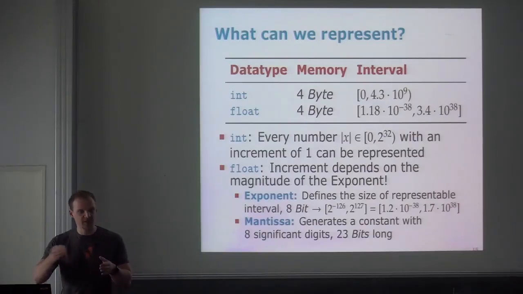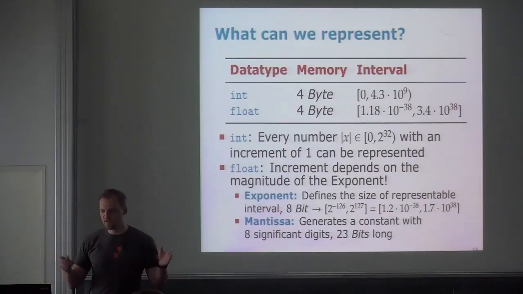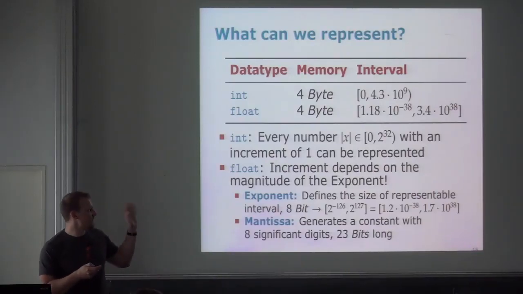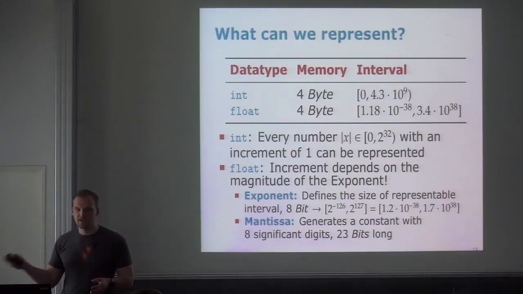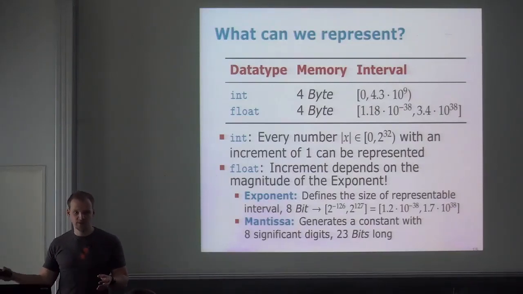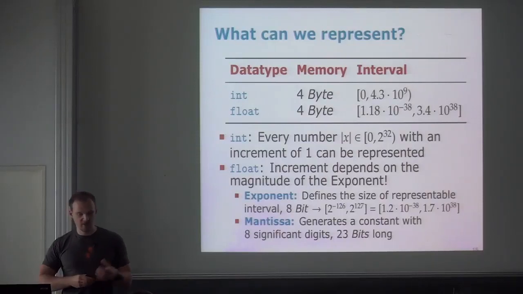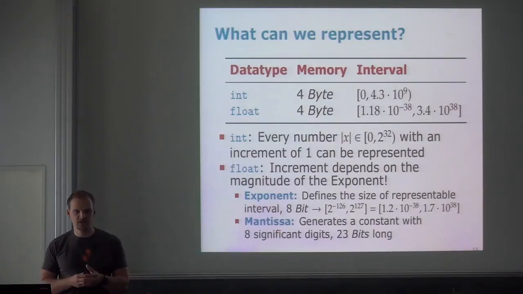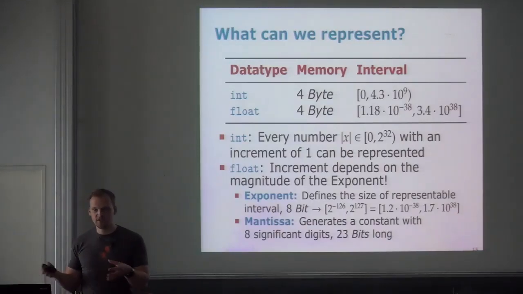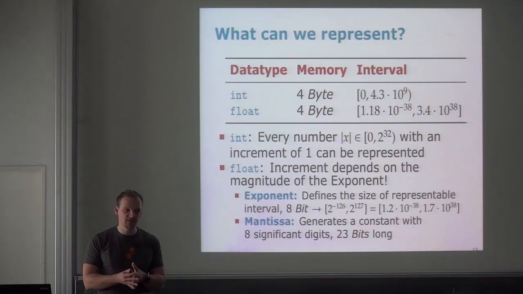In integer, we can count with an increment of 1, starting from 0 up to any other number. We can just add 1 to it, and all of those numbers will be represented. So the increment is 1, the minimum increment that we can do in integer. The minimum increment in float is not really defined.